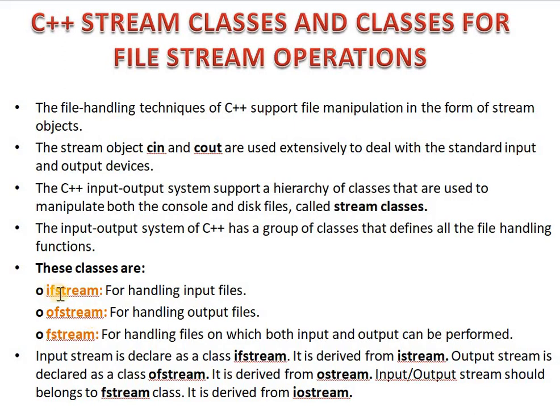That means ifstream is used for reading the contents of the file, ofstream is used for writing the contents of the file, and fstream is used to perform file operations, to open the file, to read the file as well as write contents to the file.